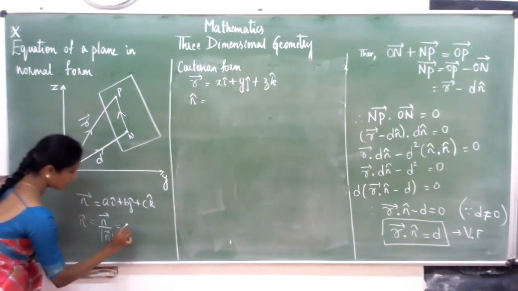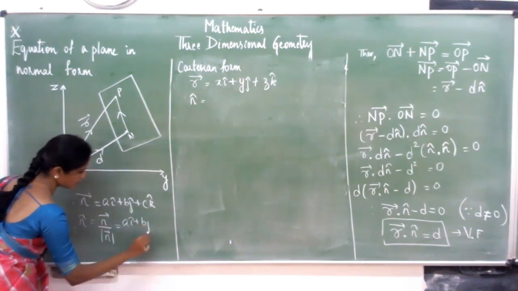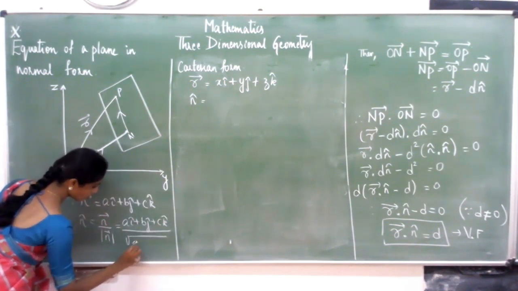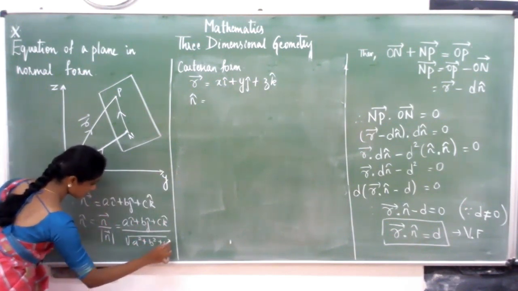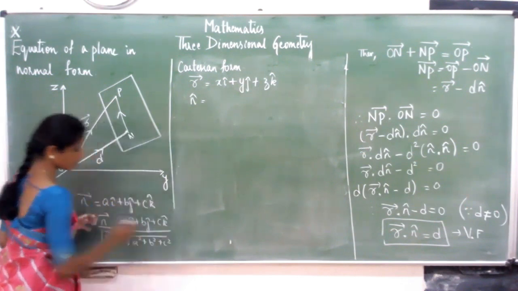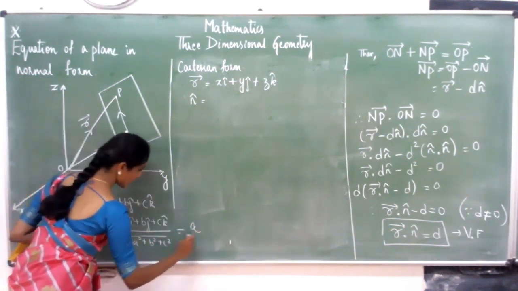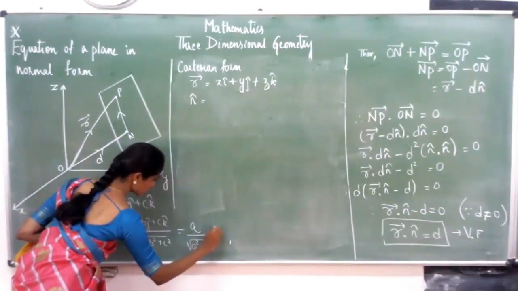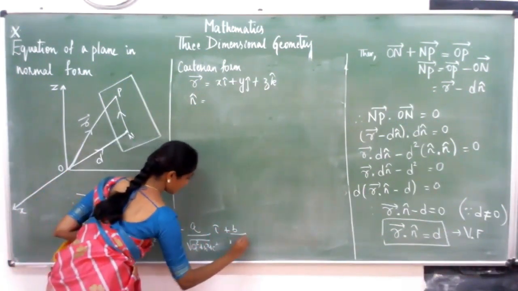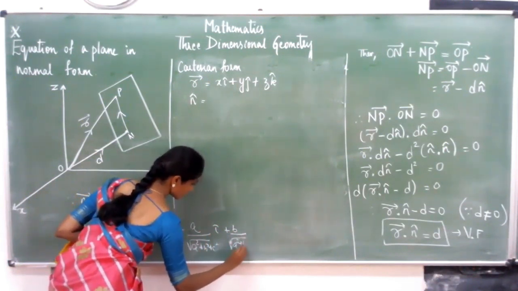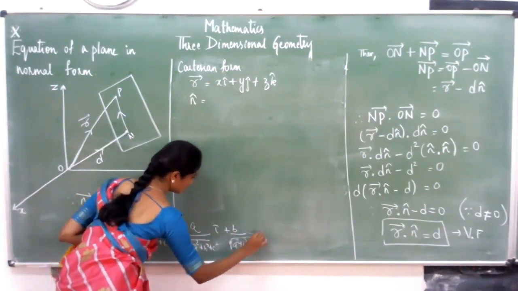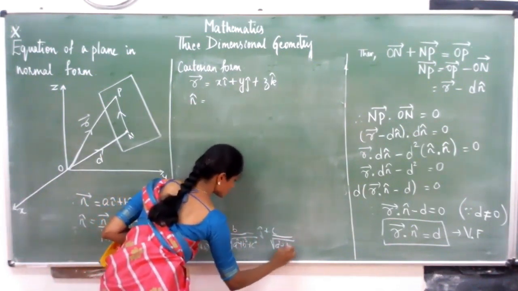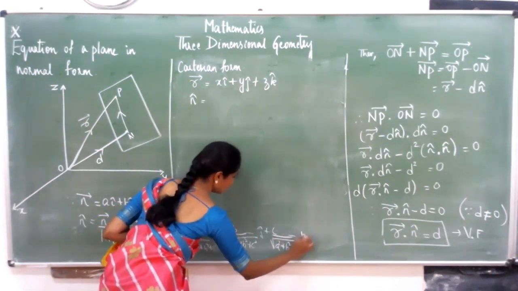So this will be ai cap plus bj cap plus ck cap whole divided by root of a square plus b square plus c square. Further, if I simplify, this can be written as a divided by root of a square plus b square plus c square into i cap plus b divided by root of a square plus b square plus c square into j cap plus c divided by root of a square plus b square plus c square into k cap.